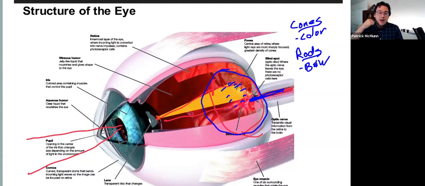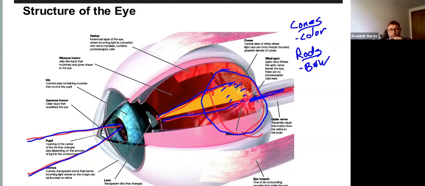So when we're sensing colors and patterns, the stimulus, the image, enters our cornea, our iris, and our lens and projects on the back of our retina, right? The back of our eye wall.